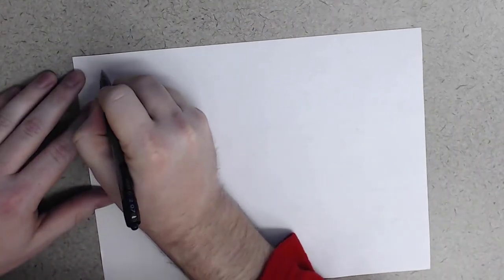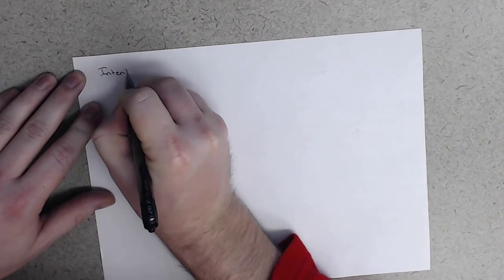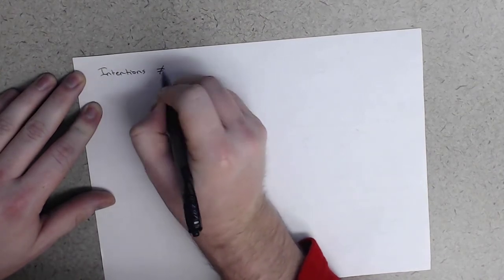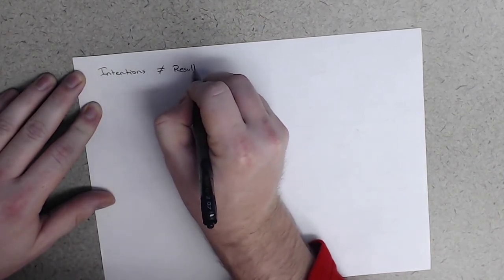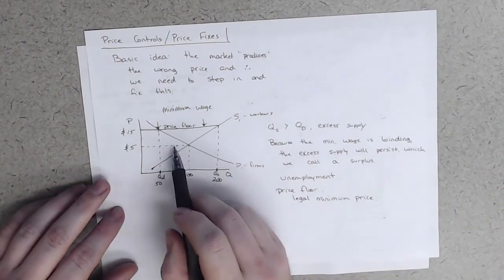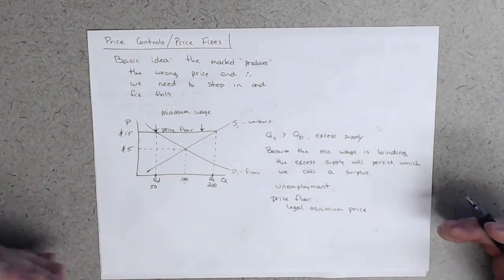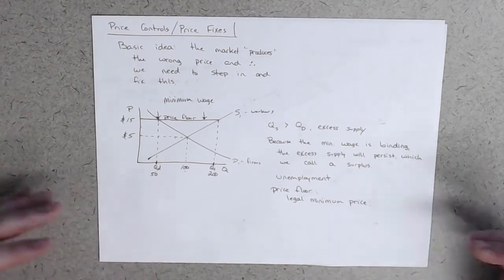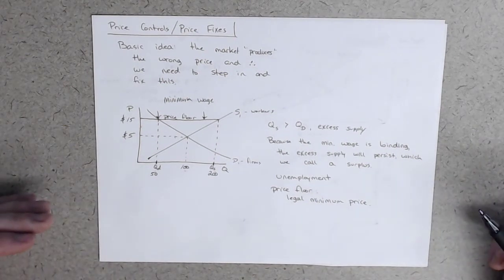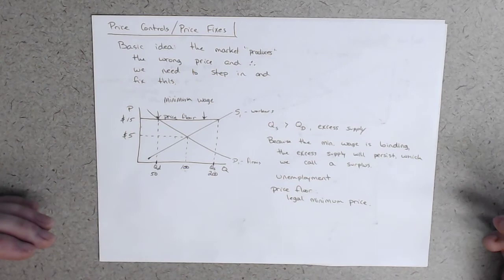And so the important thing to realize with unintended consequences is that intentions do not equal results. Obviously, Andrew Cuomo wants people to make more money, which is a great goal. No one, as a normative statement, should be opposed to people making more money.